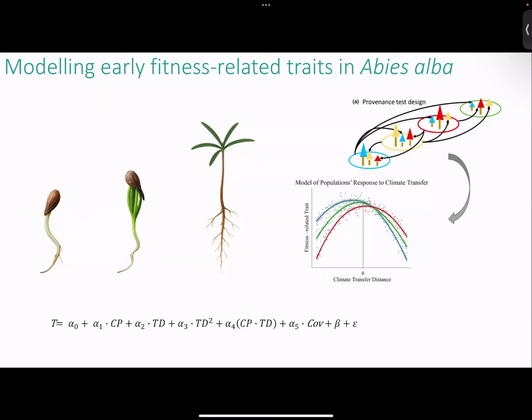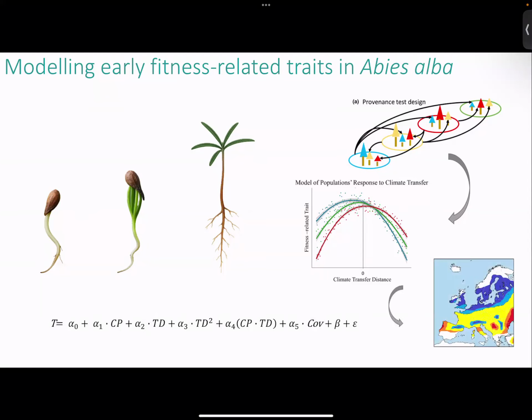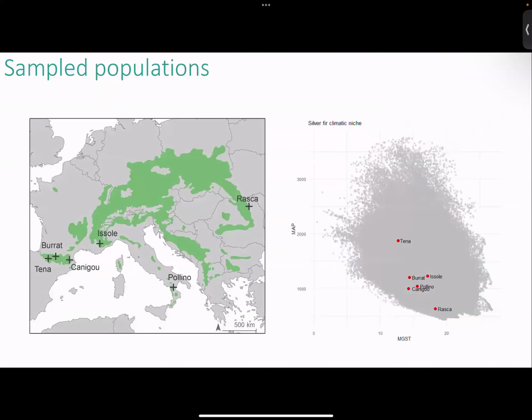And the final goal, of course, is to obtain the spatial distribution of the expression of this trait along the species range, and to make predictions of what may happen in future climate. To fit these models, we need enough biological and seed material from different provenances that gather enough climatic and genetic differentiation between them.